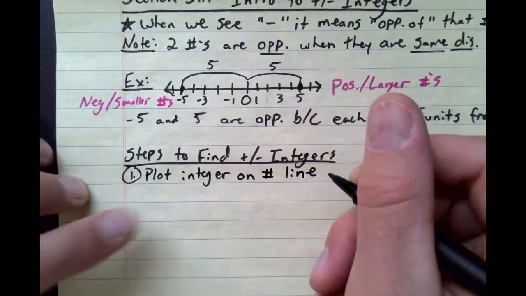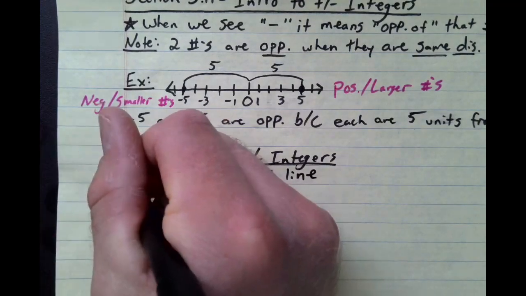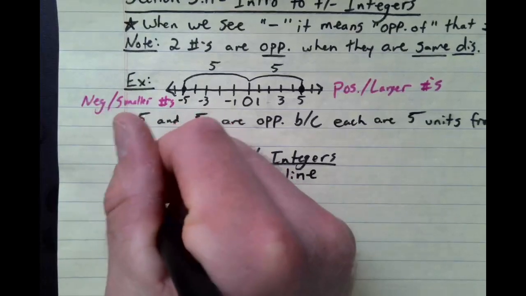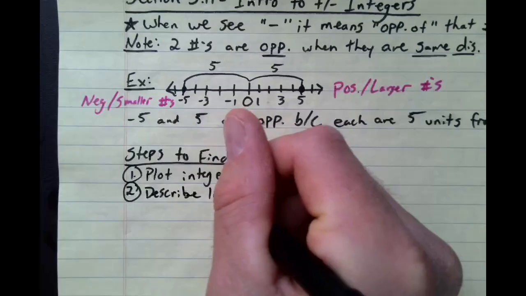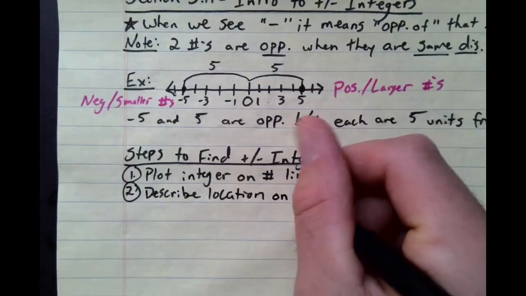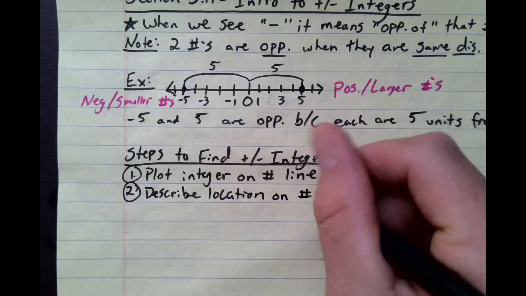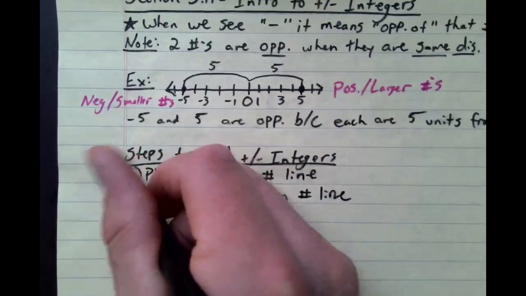And once again, an integer is a positive or a negative number that is not a fraction. Step 2 is describe location on number line. Okay, so you just describe the location. That's step 2. And lastly, step 3 is find the opposite.